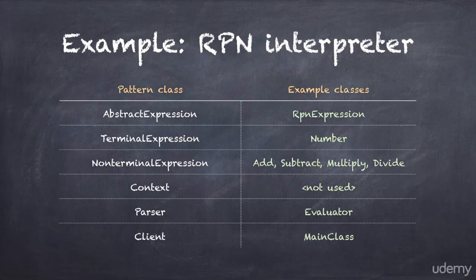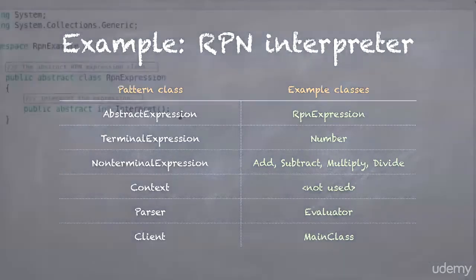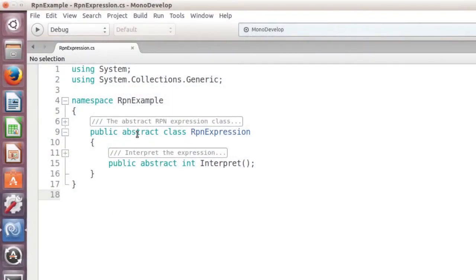Okay, let's take a look at the code. I will start with the abstract expression class, which is nothing more than an abstract base class that declares the interpret method. You can see that the method does not expect any arguments, because my interpreter has no global state.